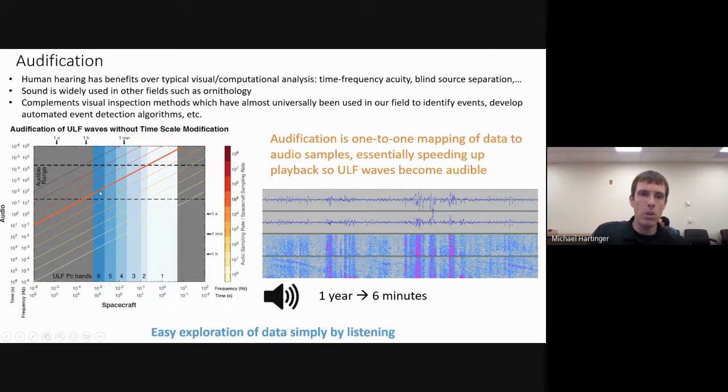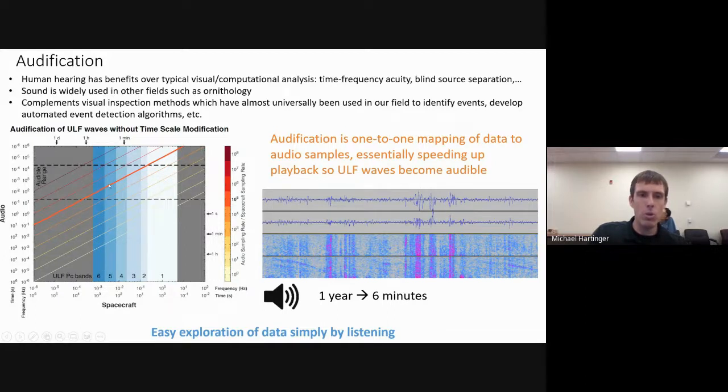But you can also see that there's a bunch of different resamplings that would work for the PC5 range. Depending on what you choose, you'll land in different ranges of the human audible range. So you can't span the entire ULF band from PC6, I guess, on this chart.